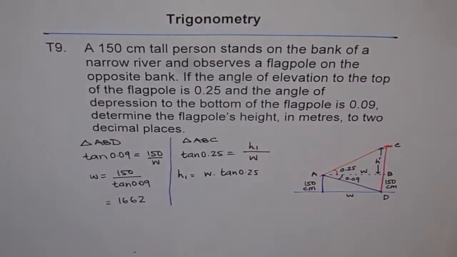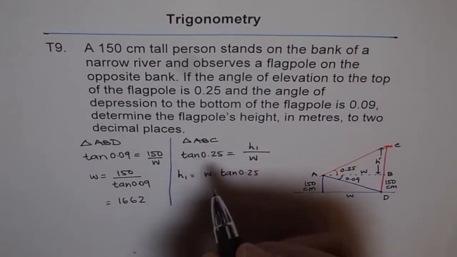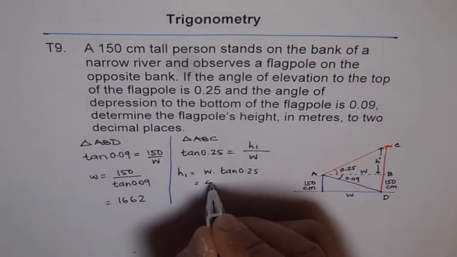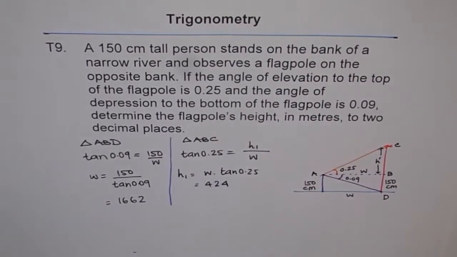So let's plug in 1662 times tan of 0.25, and we get 424.37. Let's say this is 424. Forget about 0.37.